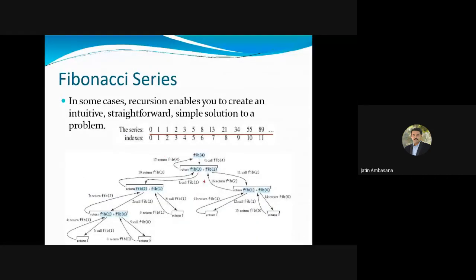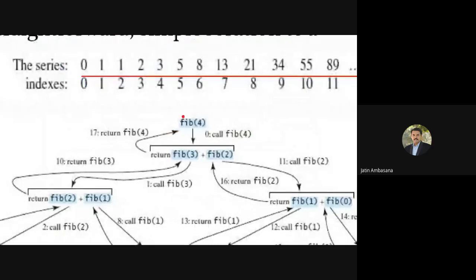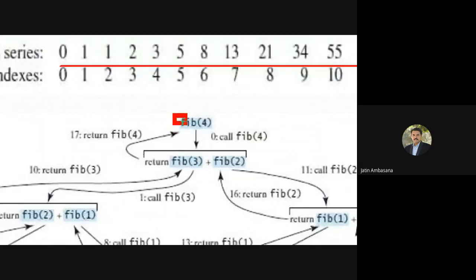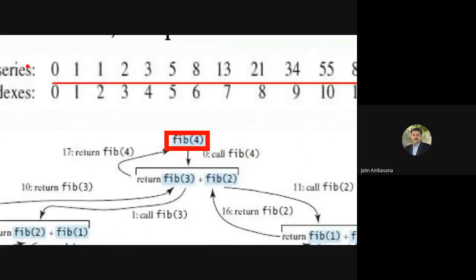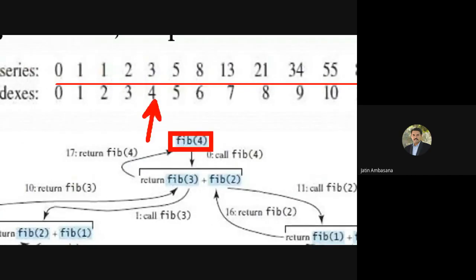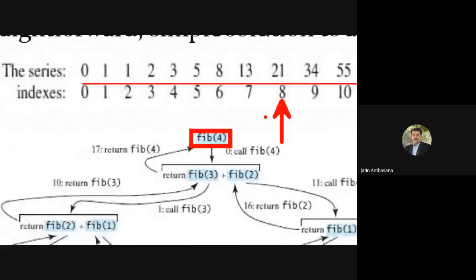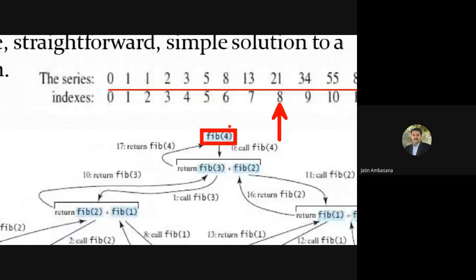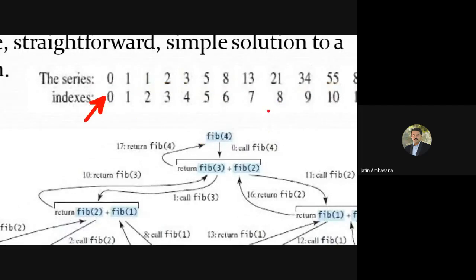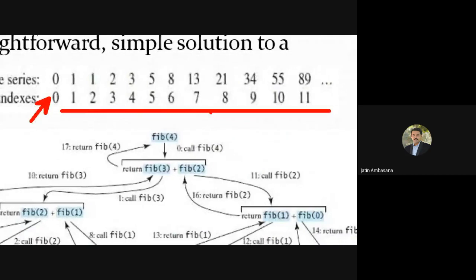So how can we achieve this? Check this out. If you are calling Fibonacci of 4, up to 4 you want Fibonacci, so you want up to the index 4. When I say Fibonacci of 8, I want the Fibonacci series up to index 8, because it starts from index 0 and goes up to n.